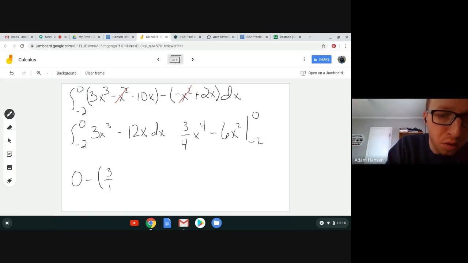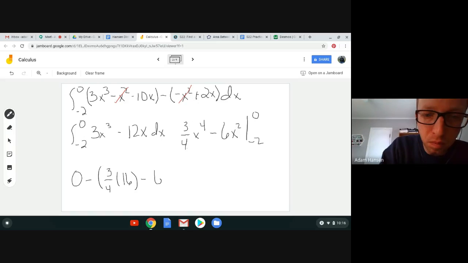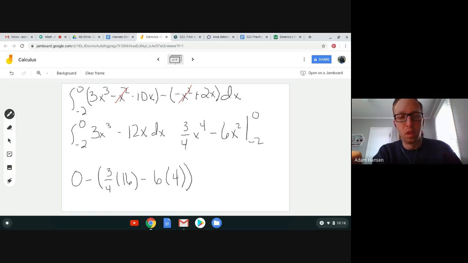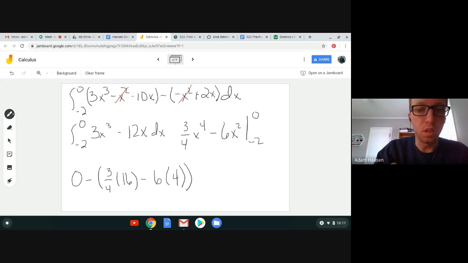So 3/4 times 16 minus 6 times -2 squared. -2 squared is 4. Let's see here. 0 minus 3/4 of 16, that should be 12.